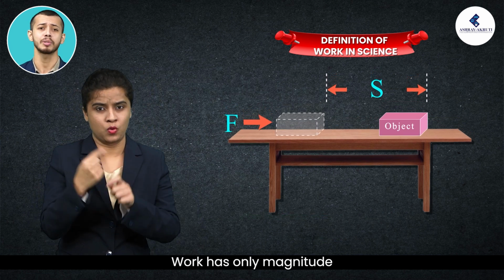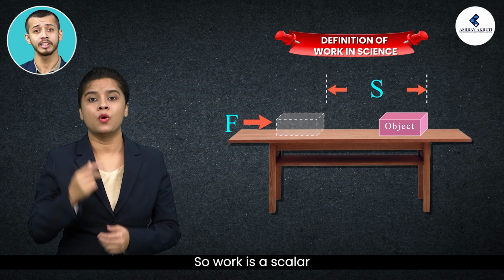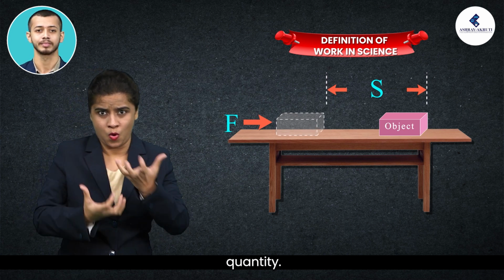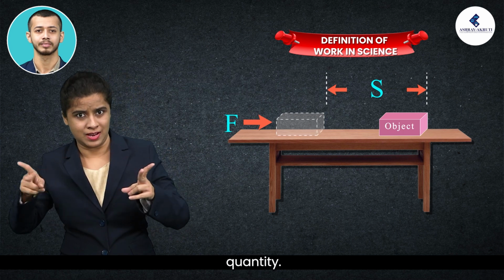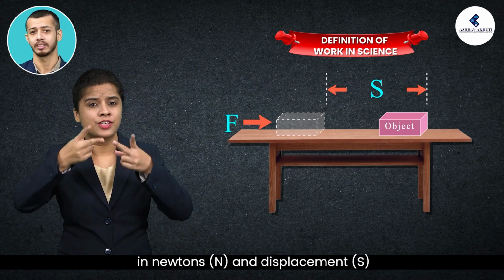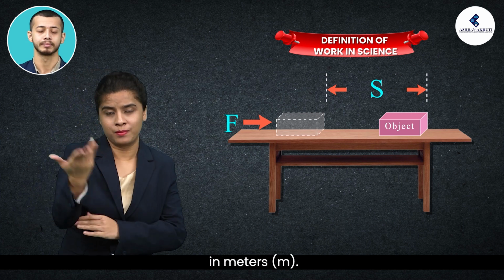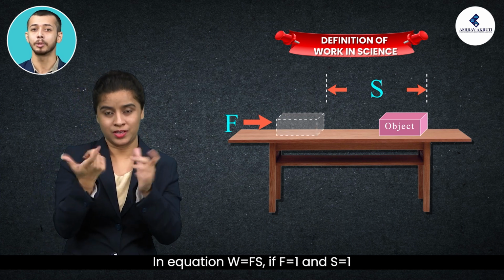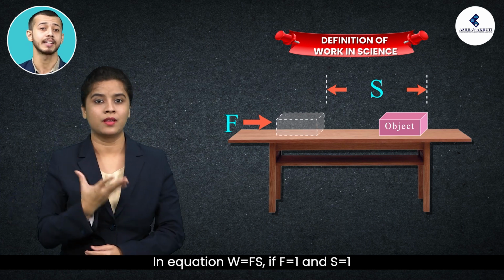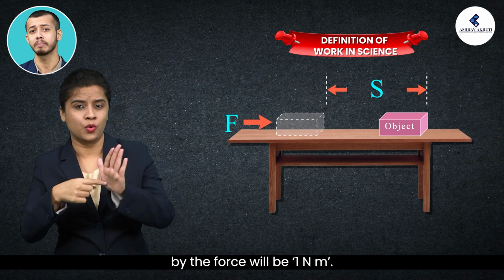Work has only magnitude and no direction. So, work is a scalar quantity. We measure force F in newtons (N) and displacement S in meters (m). In the equation W equals F into S, if F equals 1 and S equals 1, then work done by the force will be 1 newton meter.